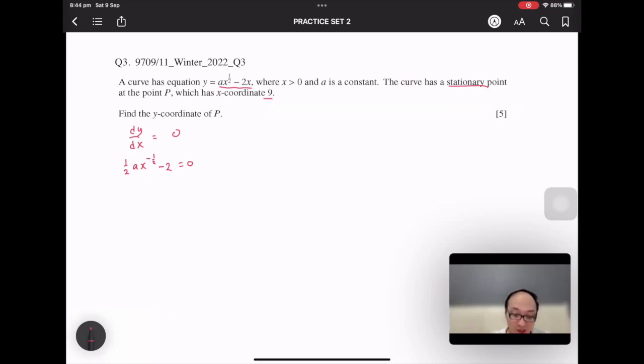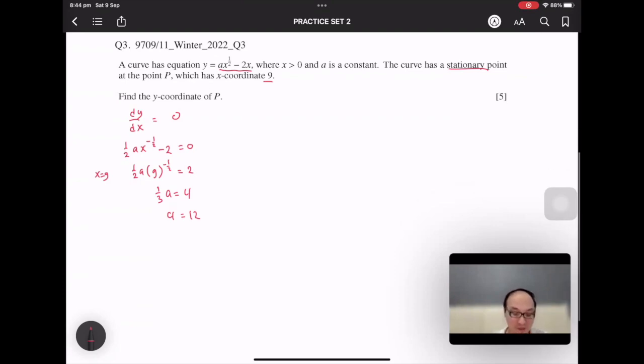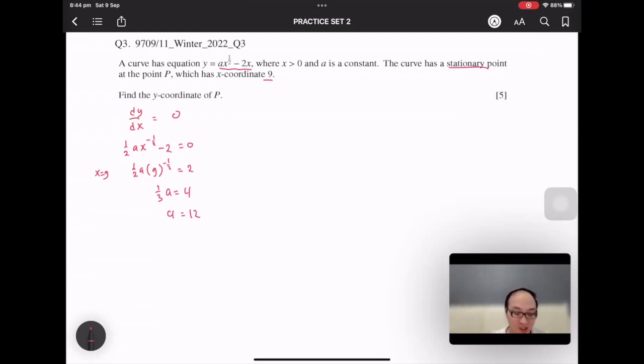And then we can put the x equals to 9. So half a, 9 to the minus half, equals to 2. So this is 1 over 3, a equals to 4. So a equals to 12. So from here, I can find y equals to 12 x to the half minus 2x.